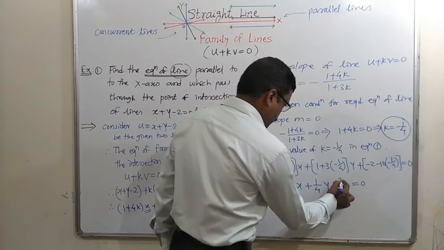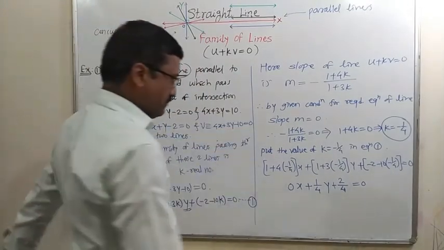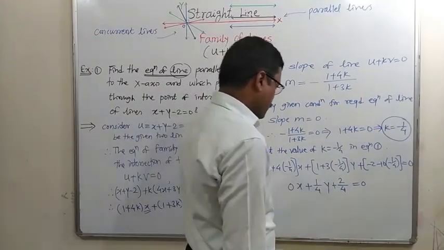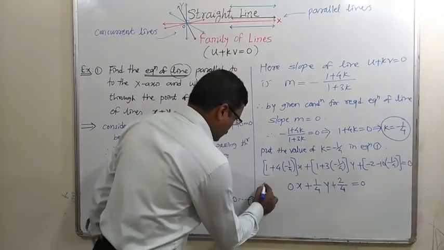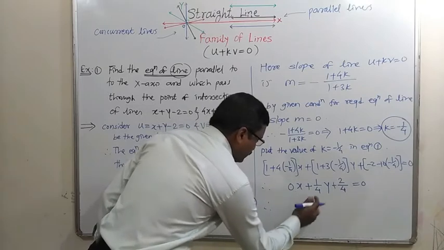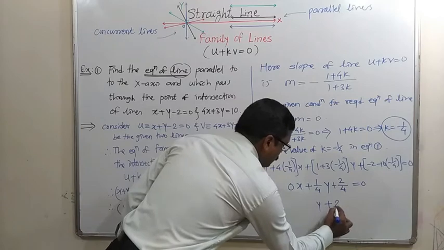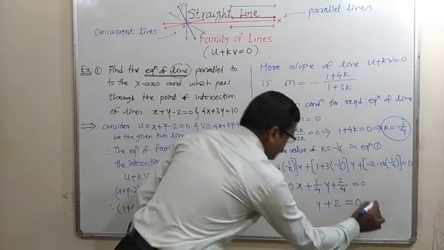Multiply both sides by 4, obviously this term will eliminate, remains only y plus 2 equal to 0.